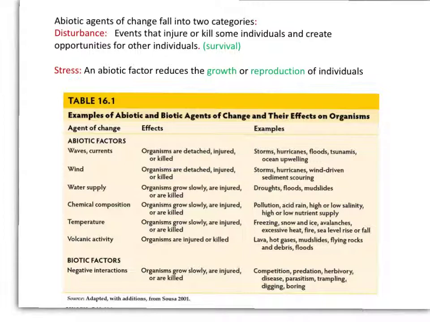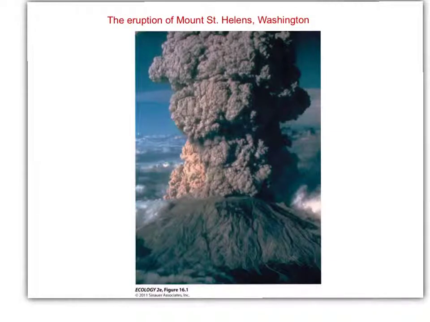The important thing about disturbances is that they can allow other organisms to come in when a community has been completely disturbed, even in some cases all the way to the point where no life is there anymore, and then there are opportunities for new life to grow in an area where once it wasn't before.